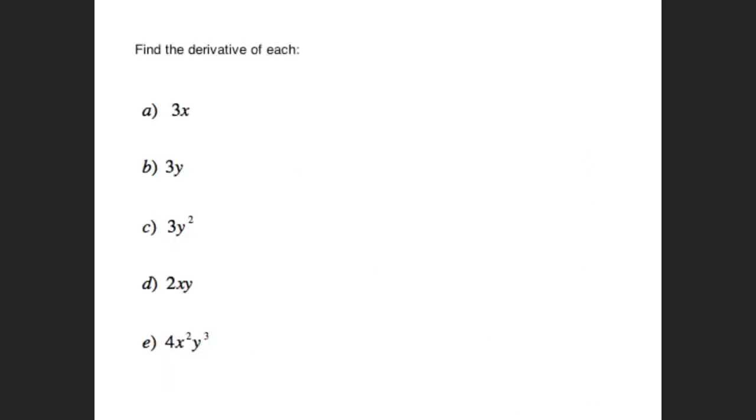And the steps that we use to solve, okay, so if I asked you to take the derivatives here, this is easy. The derivative of 3x is just 3. The derivative of 3y, though, is 3y prime. You take the derivative just like it was an x, but then anytime you have a y, you have to tack on that y prime.